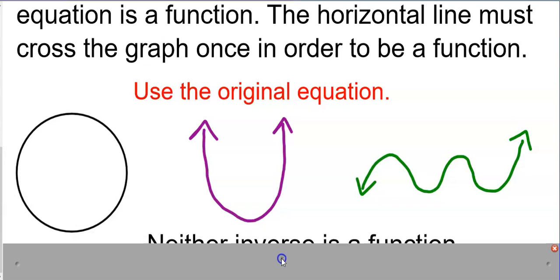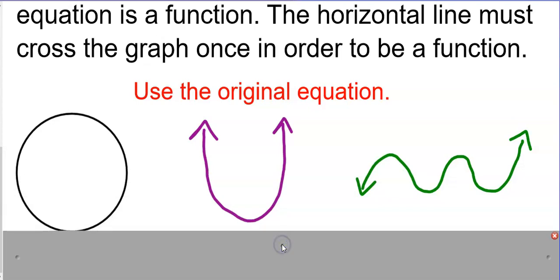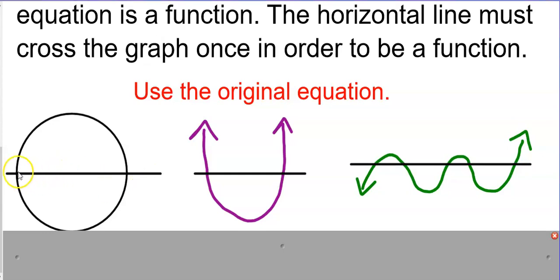All right, here we have the same graphs again, and this time I'm going to go through it really quick with horizontal lines. Each one of these hits in more than one spot. It hits here, and here, and both spots here, so it's hitting more than one spot each time.